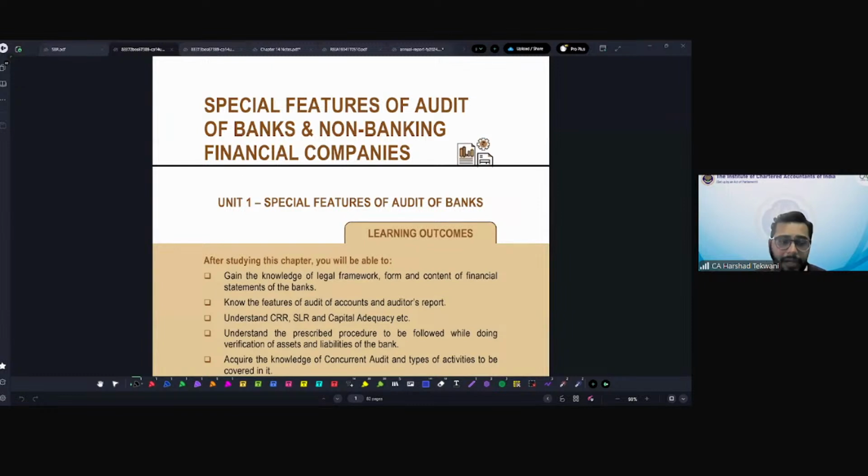Apart from that, RBI Act, yes. Companies Act, very good. What else?